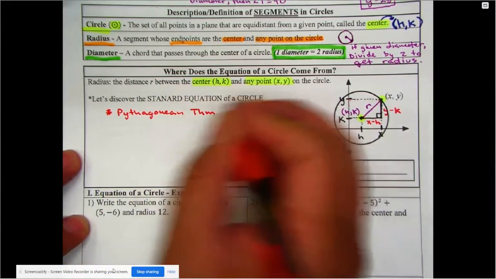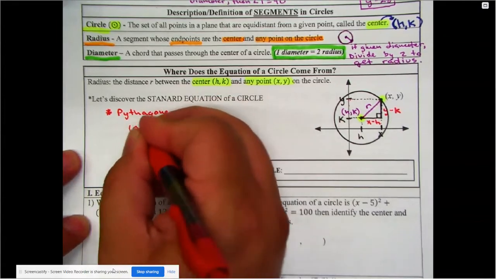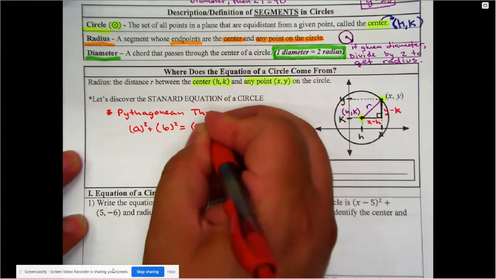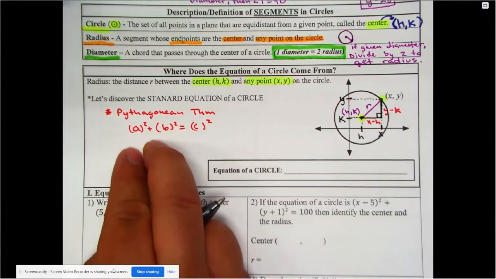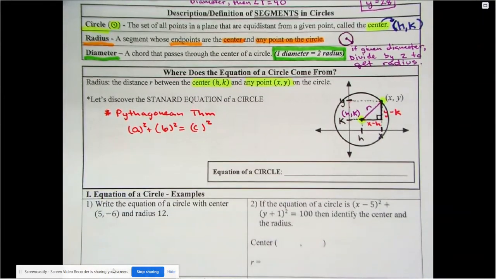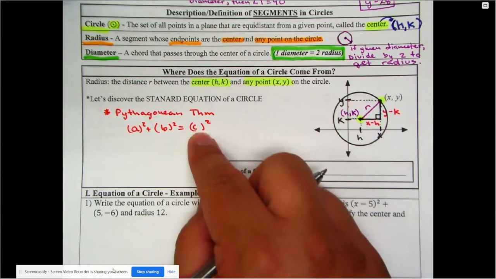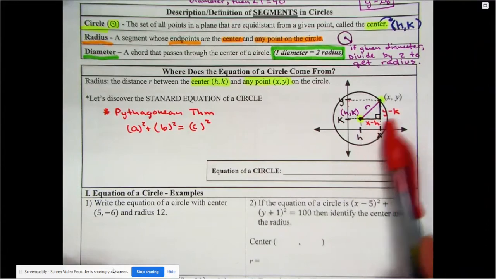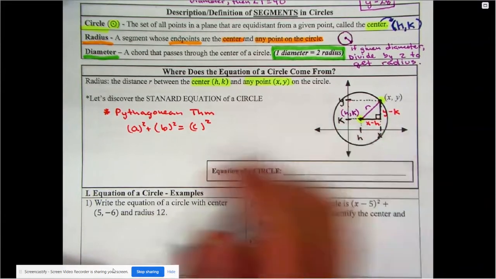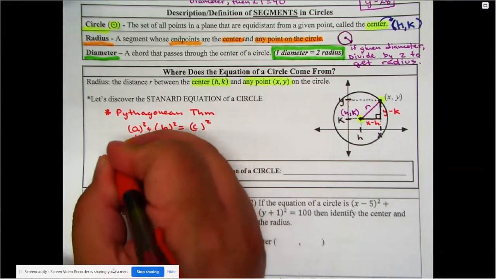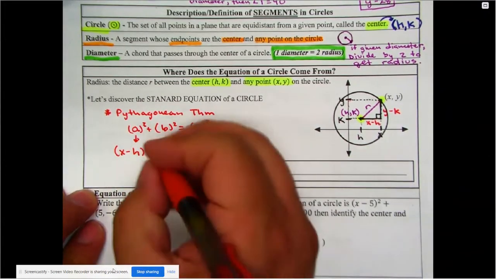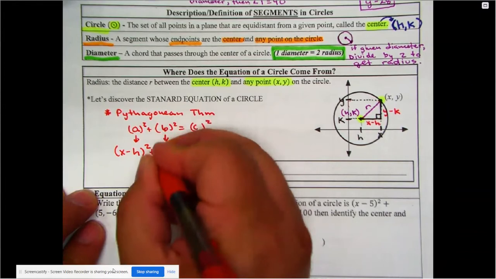Now, the Pythagorean theorem is, of course, the one that said that a squared plus b squared is equal to c squared, where the two legs of a triangle, if they're given a power of 2 and added together, would match the hypotenuse to the power of 2. So check out this equation. I know it looks a little weird with the way it's set up, but x minus h, of course, I have to give it a power of 2, plus bring in that b value.